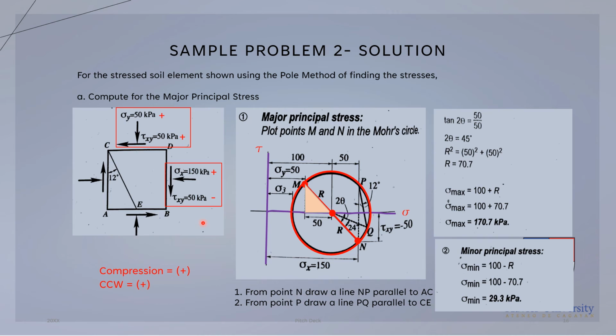First, we have to draw from point M, draw a line NP parallel to line AC. So from point N daw, we have to draw our line parallel to AC.